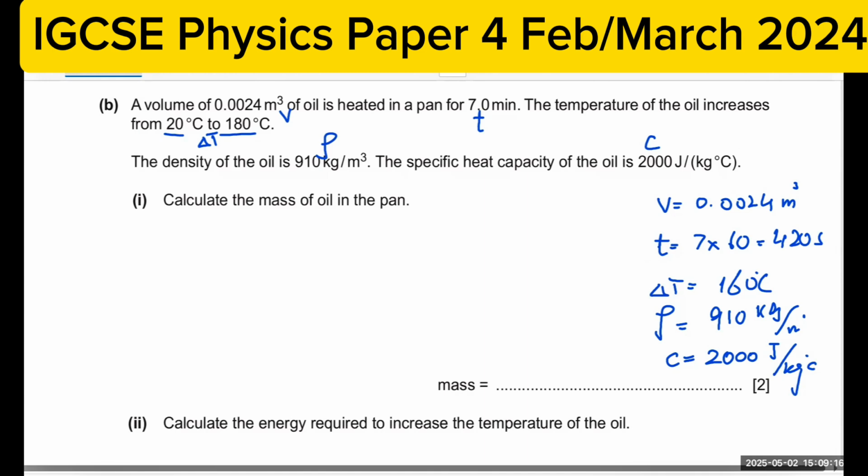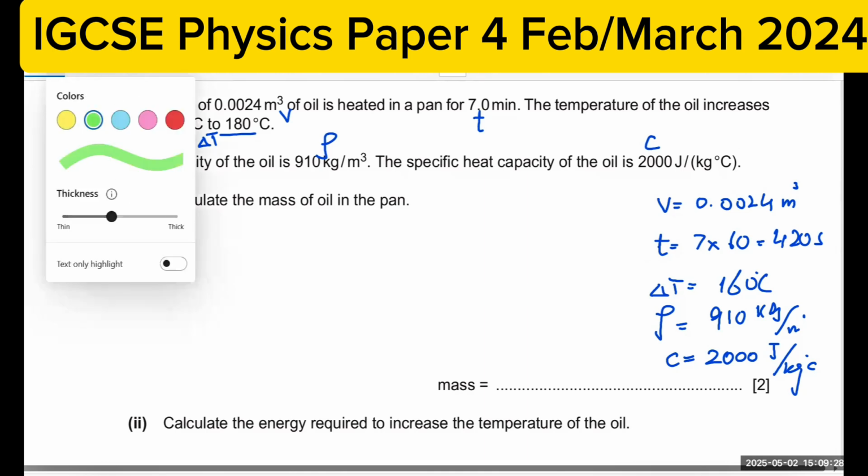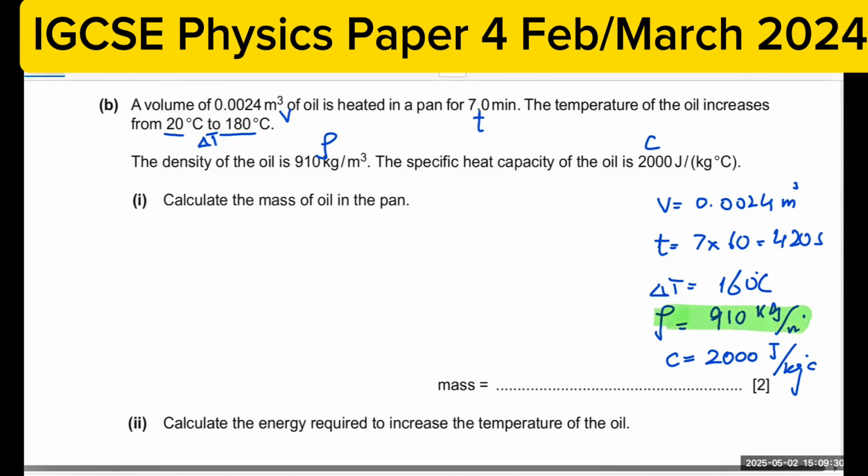So how to calculate the mass? First of all, what we need for the mass. Okay, so we know that according to this data, we have the density and we have the volume. So by using these two quantities, we can calculate the mass.